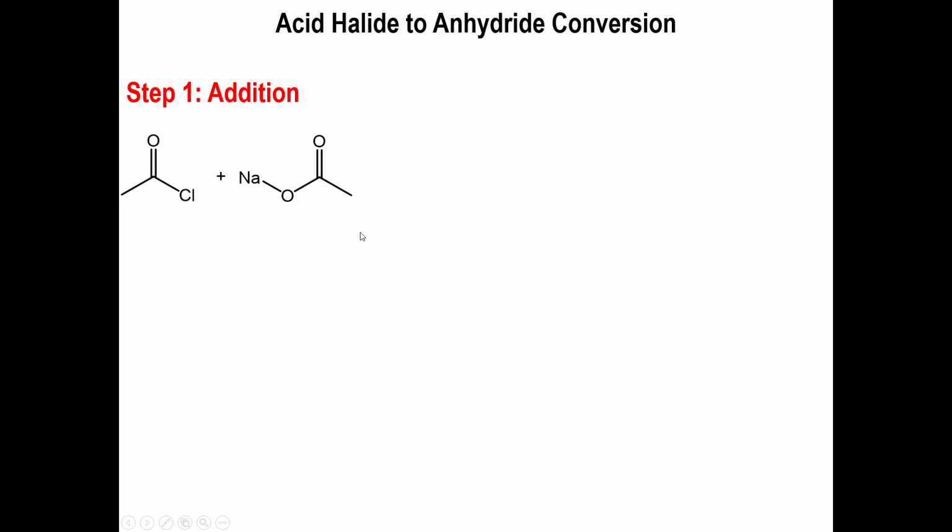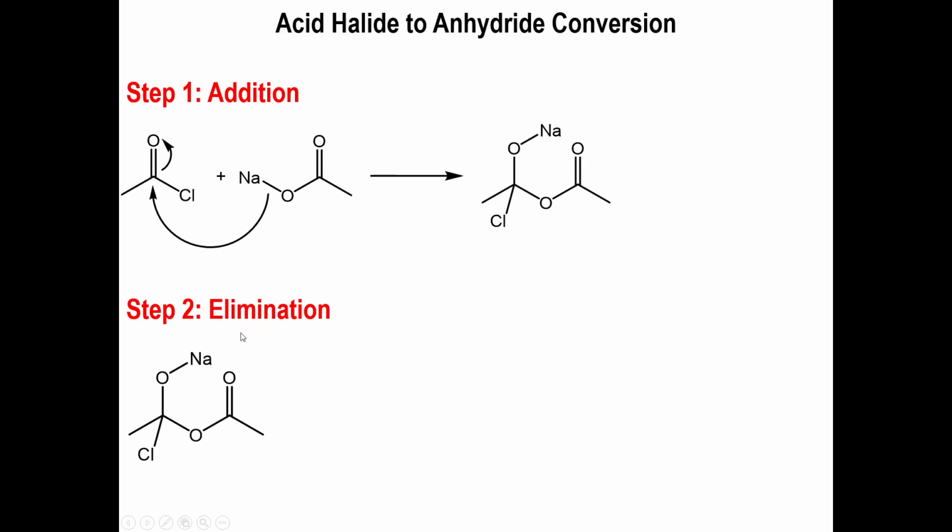The carboxylate attacks the carbonyl, the double bond is broken up, you form the following tetrahedral intermediate, and then the oxide set of electrons comes back down and the chloride takes off. And so that leaves you ultimately with your anhydride, and in the process you've also crashed out some sodium chloride salt.